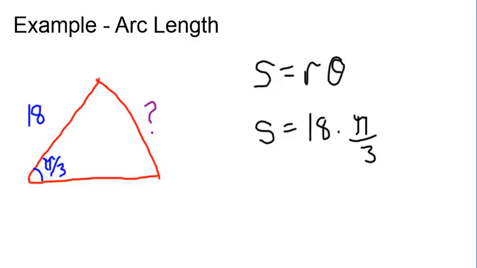Simplifying, 18 divided by 3 is 6, so our arc length is 6 pi. That is the distance around that portion of the circle.